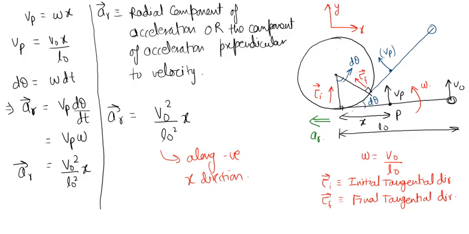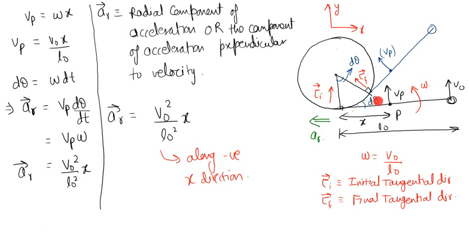Now, as you can see, this was the original problem. The string was initially horizontal, and suppose after time dt, the string has changed its orientation by an angle d theta.